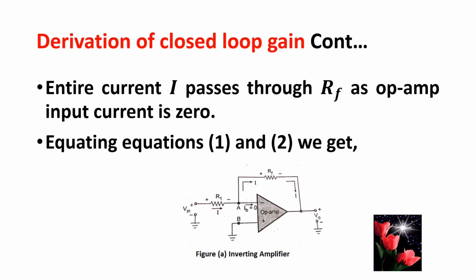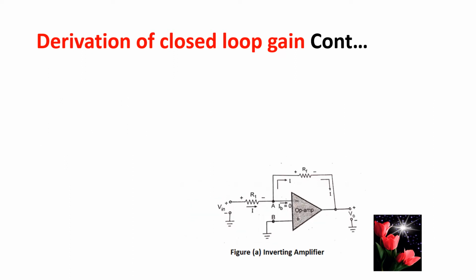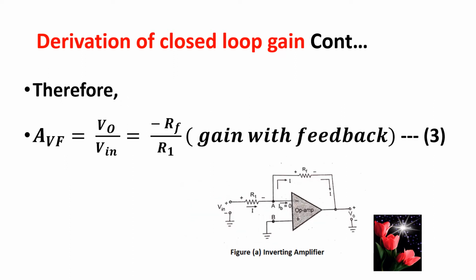Now, equating equations 1 and 2, we get Vin by R1 is equal to minus V0 by RF. Therefore, AVF is equal to V0 by Vin, that is equal to minus RF by R1. This is the gain of the amplifier with feedback.